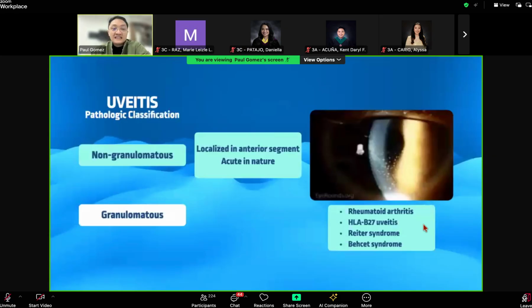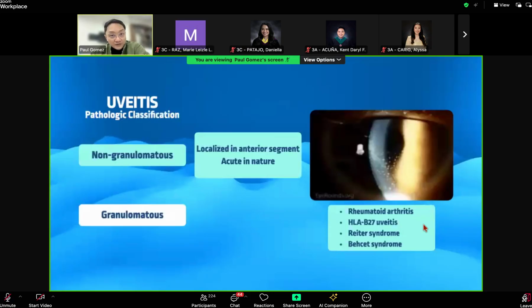It may signify that the entire uveal tract is affected and may be chronic in nature and may be secondary to sarcoidosis, VKH or Vogt-Koyanagi-Harada syndrome, or possibly tuberculous uveitis.